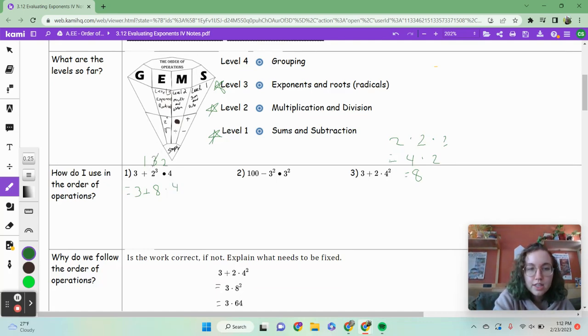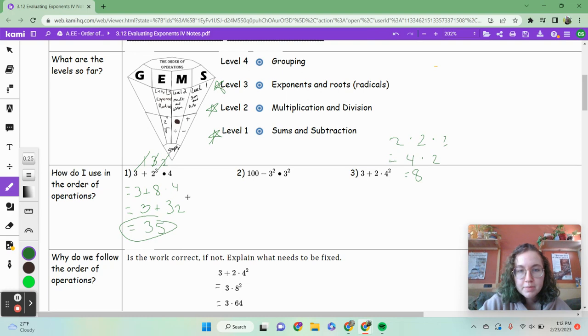Now we can move on to the level 2 problem, because going from left to right, that is the next highest. So our level 2 is that multiplication. So we have 3, just carry that down, plus 8 times 4 is 32. And then we can solve our last problem, which is 3 plus 32. That is 35. And that's our answer, having solved all of those level problems.